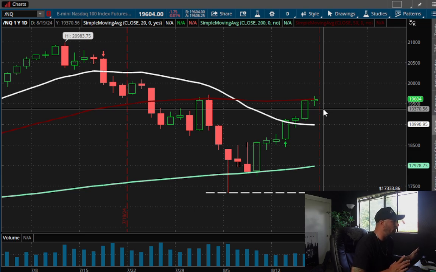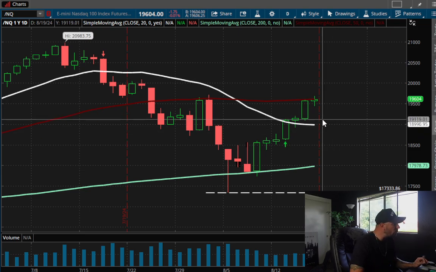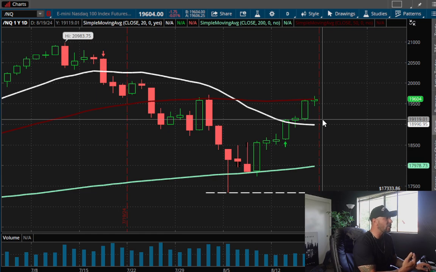If we gap down tomorrow, let's say we open the markets on Monday and the market's down 150, 250, 300 points, then maybe we pull our foot off the gas a little bit, and say, if there's an early trap, an early flush, then we can get in on the bounce.